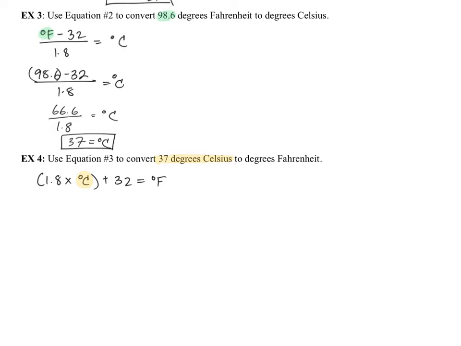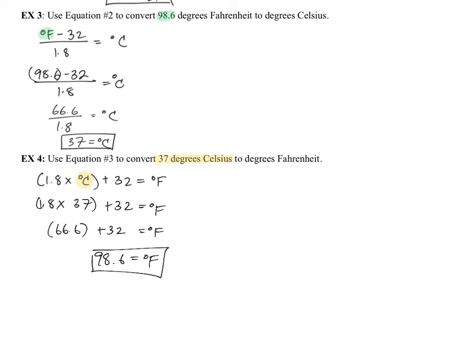Once again, pause the video and check back in with me in a second. 66.6 plus 32 is 98.6. And is that what we had before? Yep. Okay, so it makes sense. We got the right answer either way. So once again, it's easier to use equation 2 if you're solving for Celsius, and equation 3 if you're solving for Fahrenheit.